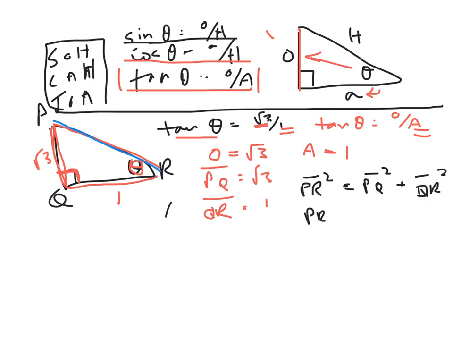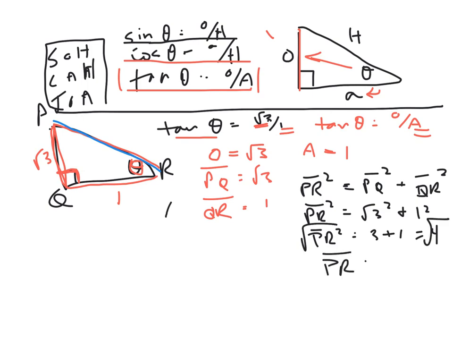So PR squared is equal to root 3 squared plus 1 squared, which is 3 plus 1, which is 4. Then if I find the square root of both sides, the length of side PR is 2, because the square root of 4 is 2.